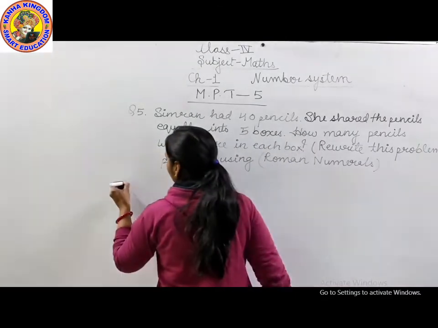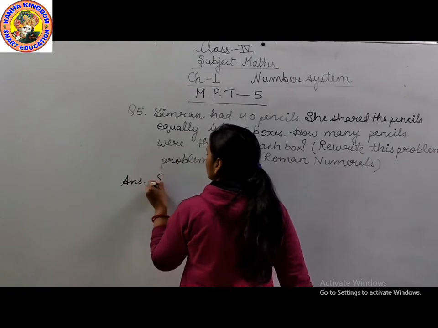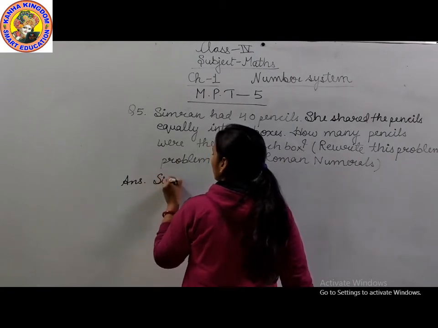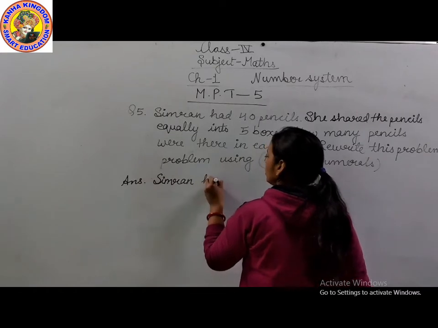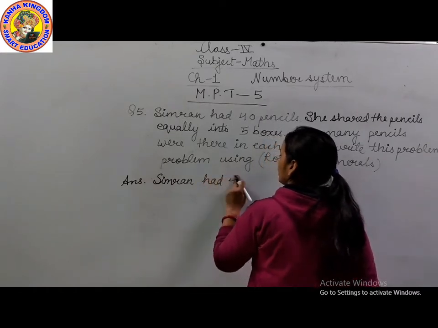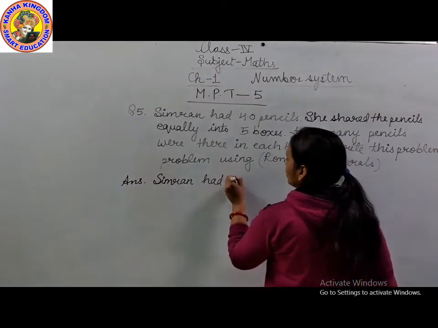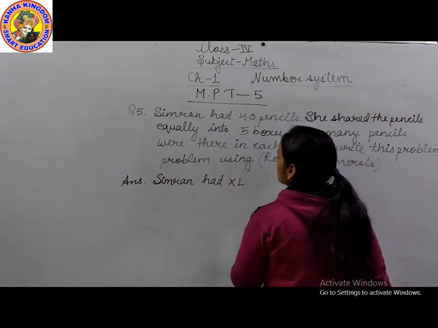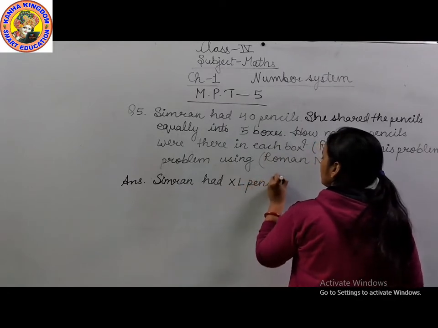So Simran had 40. So we write 40 XL. Okay. Pencils.